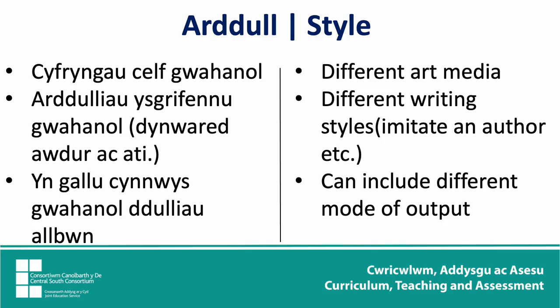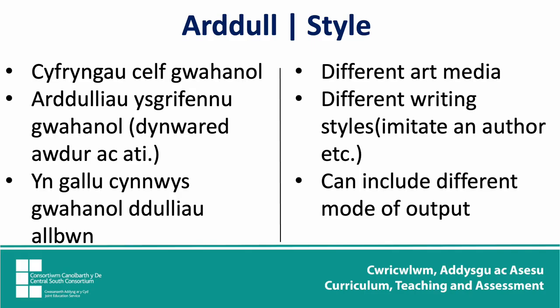And again, you can provide scaffolding through imitating an author versus finding your own voice. You can even take them through that process by highlighting some key sentence structures, key phrases that author uses, and use that as some sort of scaffold. And this can include a different mode of output. Not always, but it can, and that's okay.